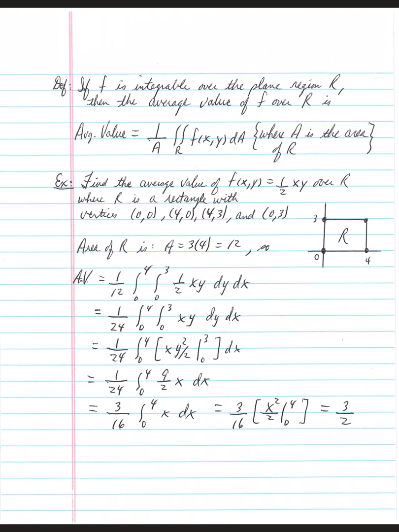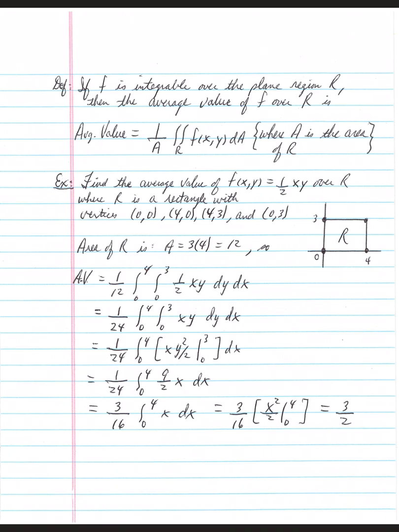It doesn't hurt to sketch these out. Our region is this rectangle. The rectangle has an area of 3 by 4 for an area of 12. That tells us that 1/12 will be the lead coefficient. 1 over a, 1 over 12.